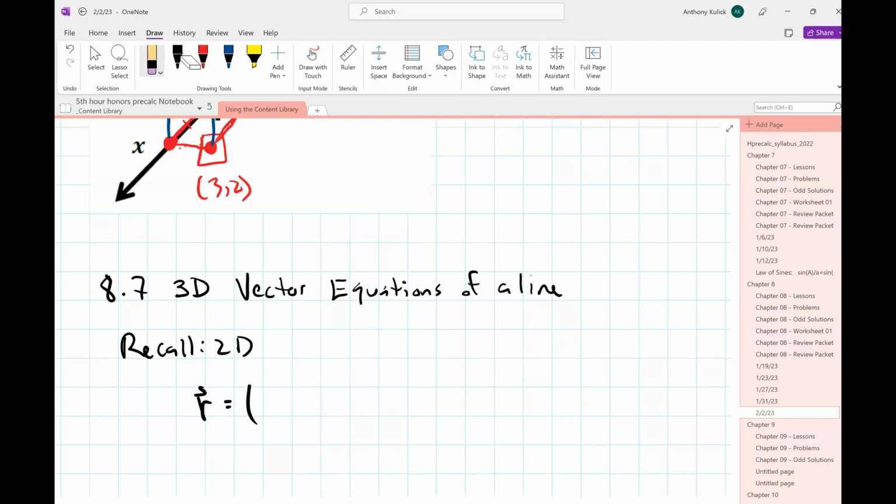So when we did this in 2D, our vector line equation was like a point vector plus some constant times the slope vector, right? The slope exists in 3 dimensions, though.